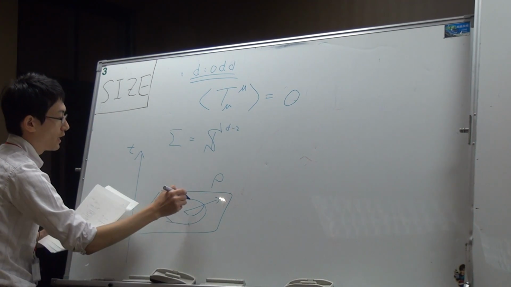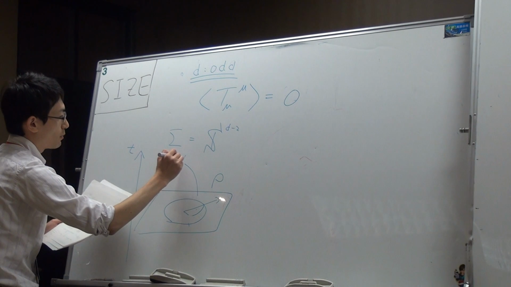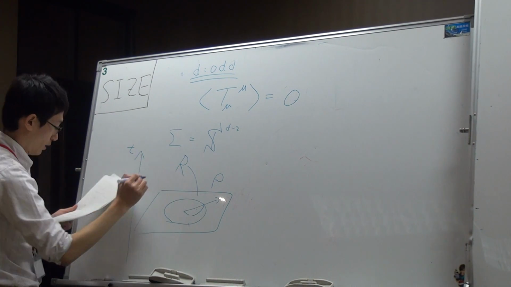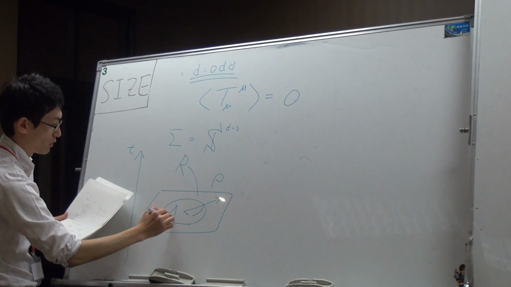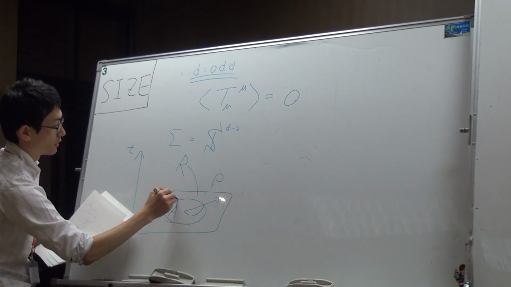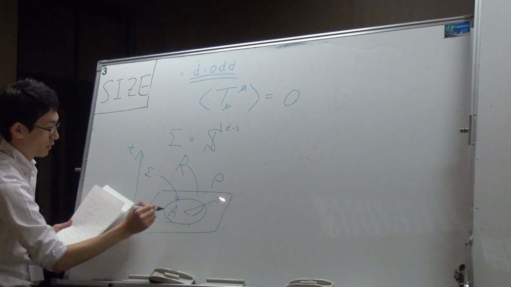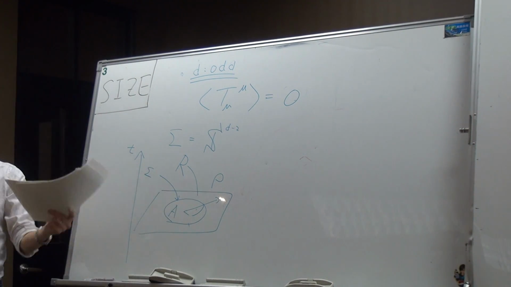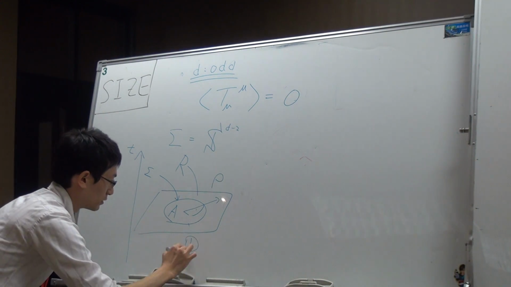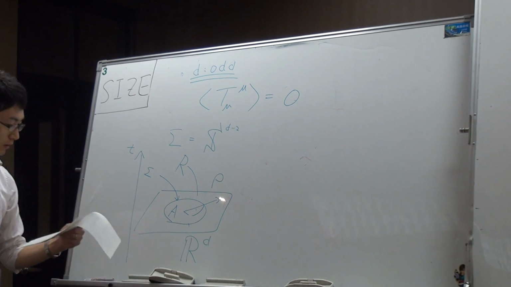I have a sphere whose size is capital R. This is my region A, and the boundary of region A is sigma, a sphere. This is flat space, R^D.